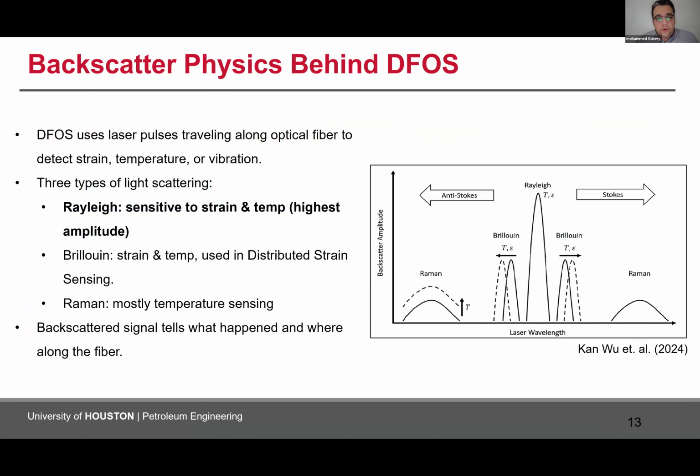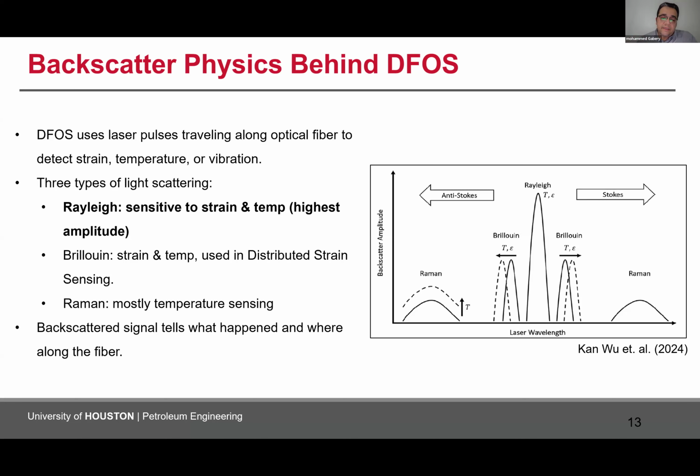There are three types of light scattering. Rayleigh, which is sensitive to strain and temperature, has the highest amplitude, and that's what we use today. Brillouin is used for distributed strain and temperature sensing, and Raman is mostly used for temperature sensing.